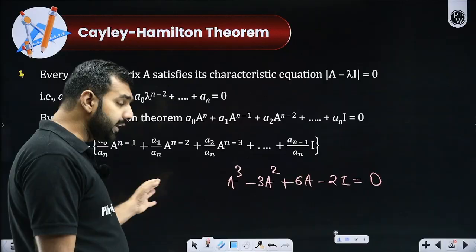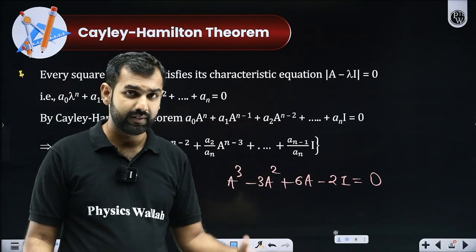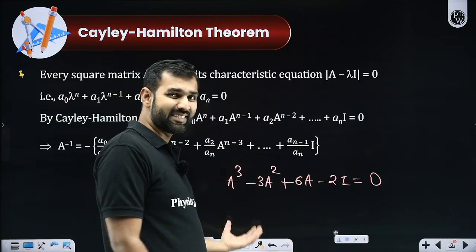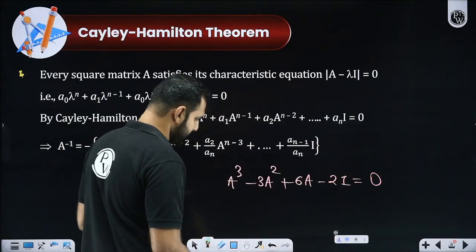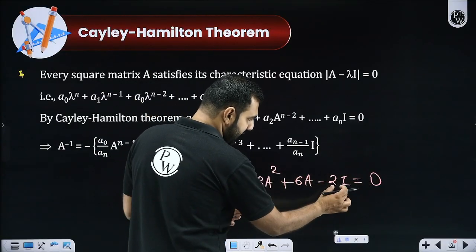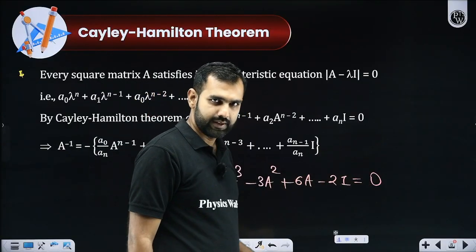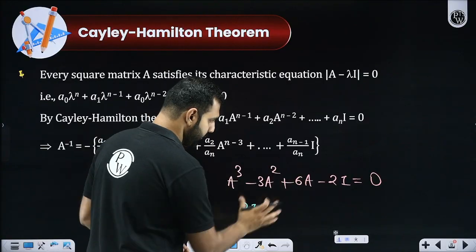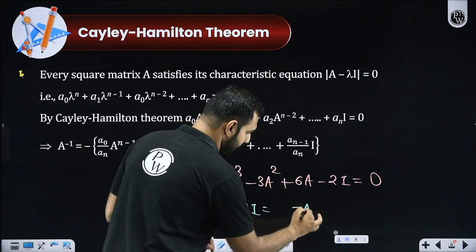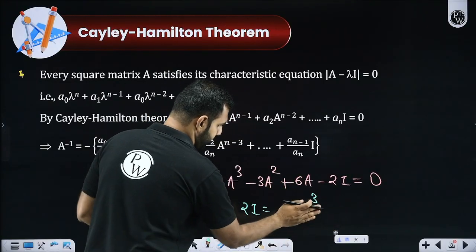But if I'm already given the matrix polynomial, that means a polynomial equation which matrix A satisfies, then this can be rearranged and rewritten with this whole part taken to the other side except for 2I. Getting it, everyone? So I'll be writing 2I is equal to this whole expression, which will be the negative of A cubed. I'm really sorry.